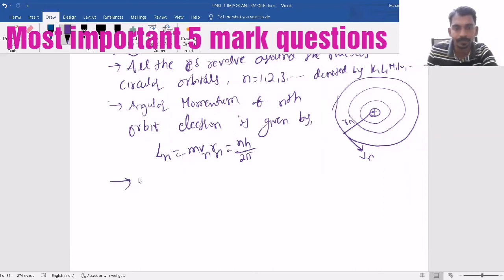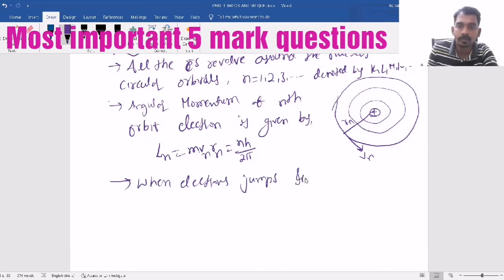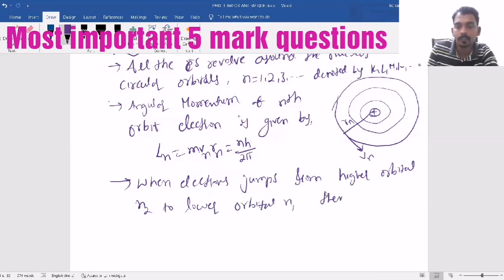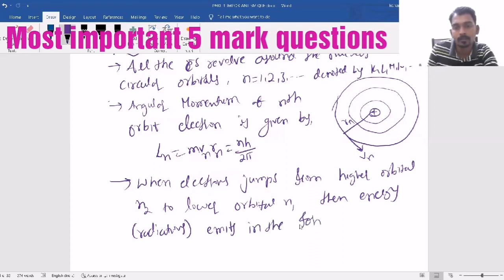And the third postulate: when an electron jumps from a higher orbital to a lower orbital, then energy, nothing but radiation, is emitted in the form of a photon.